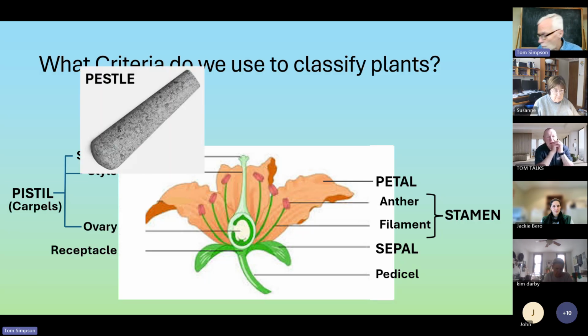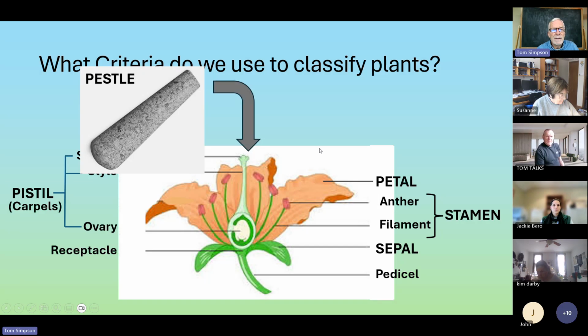Where does the word pistil come from? Well, it's thought to come originally from pestle. This is the very primitive tool going back into Stone Age peoples of grinding grain, grinding medicines, grinding herbs for flavoring food.